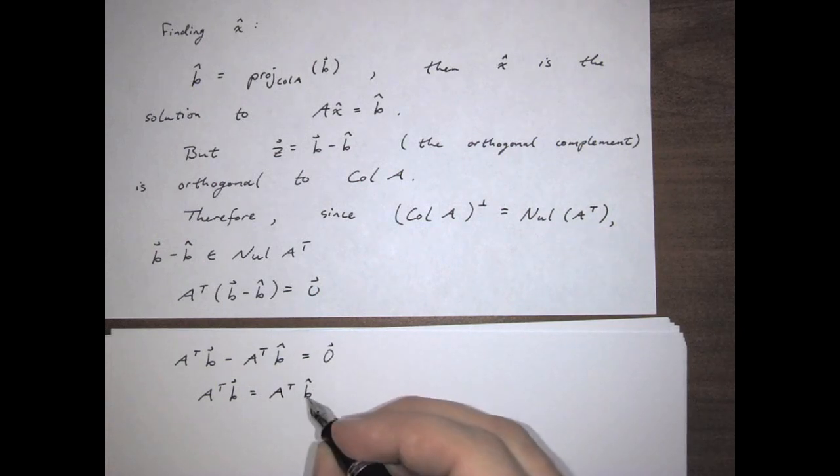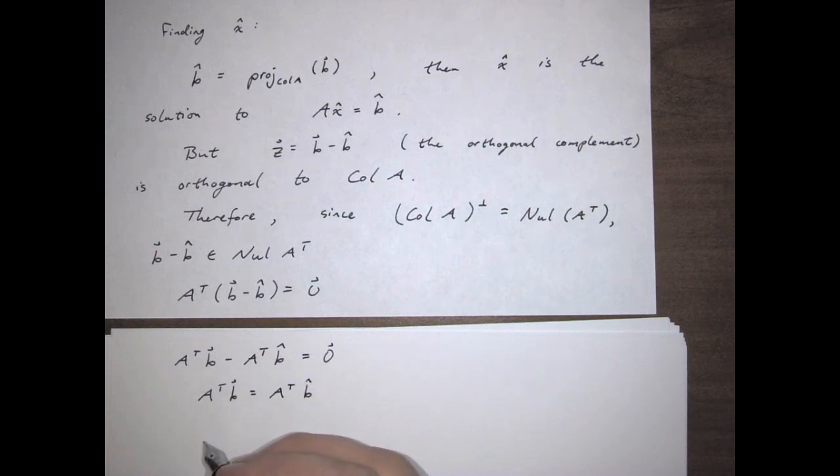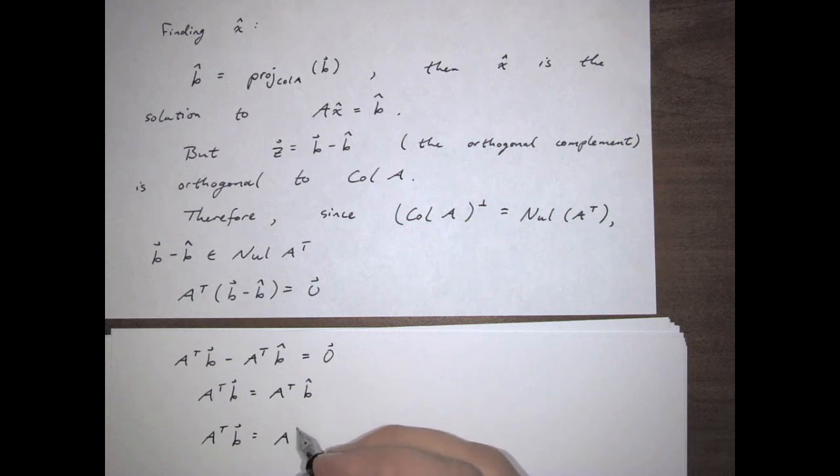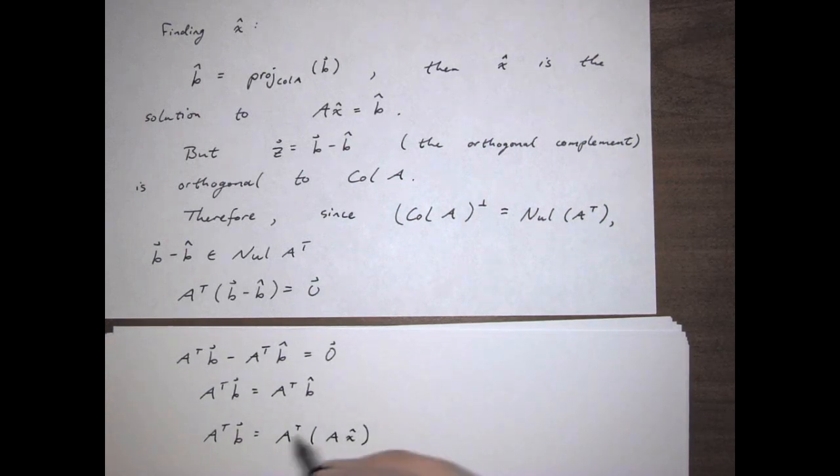And if b hat is equal to A x hat, then A transpose b is equal to A transpose A x hat, which means if we rewrite this in the other direction, A transpose A x hat is equal to A transpose b.